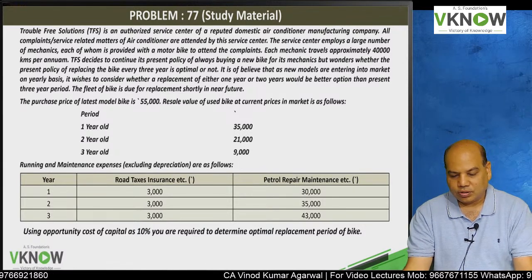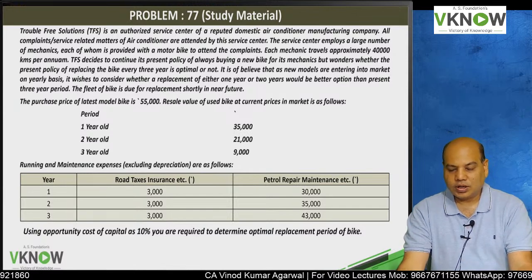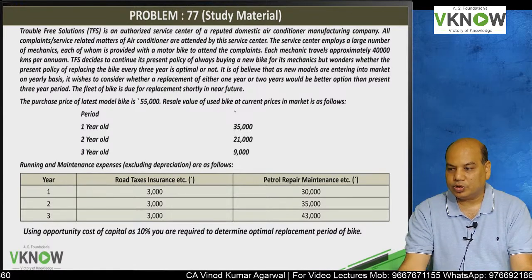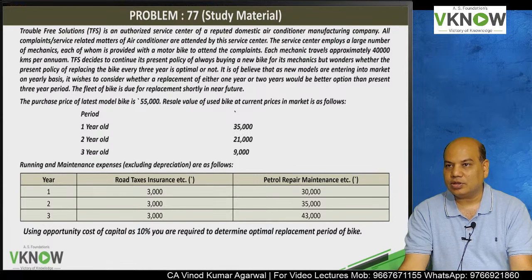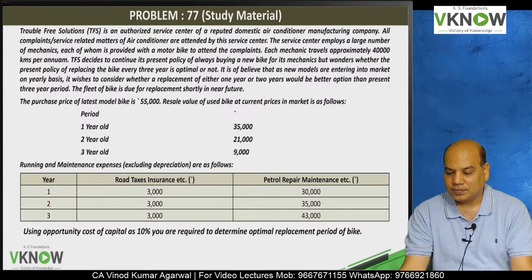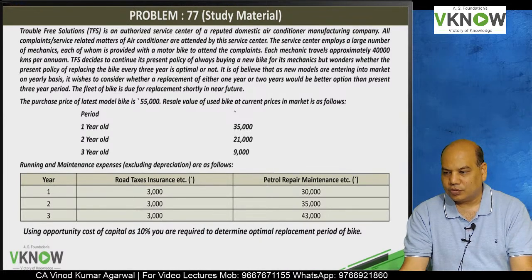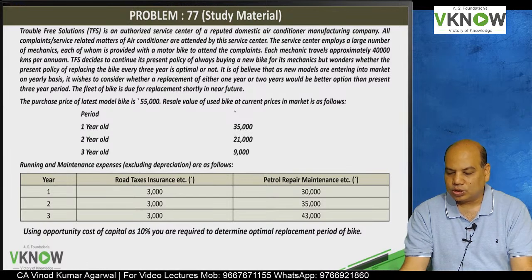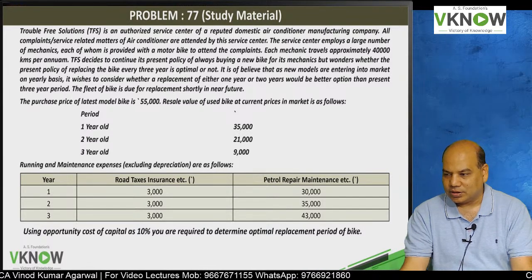Trouble-free solution, wow, is an authorized service center of a reputed domestic air conditioner manufacturing company. All complaint service related matters of air conditioners are attended by the service center. The service center employs a large number of mechanics, each of whom is provided with a motor bike to attend the complaints.